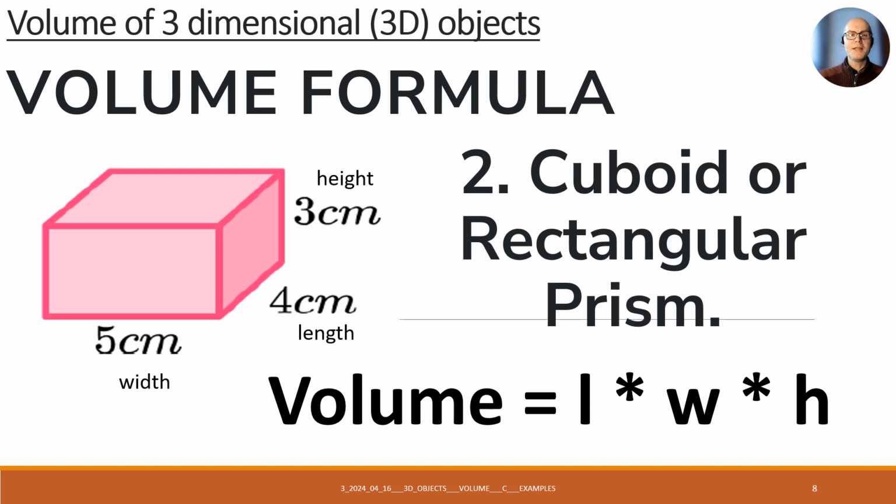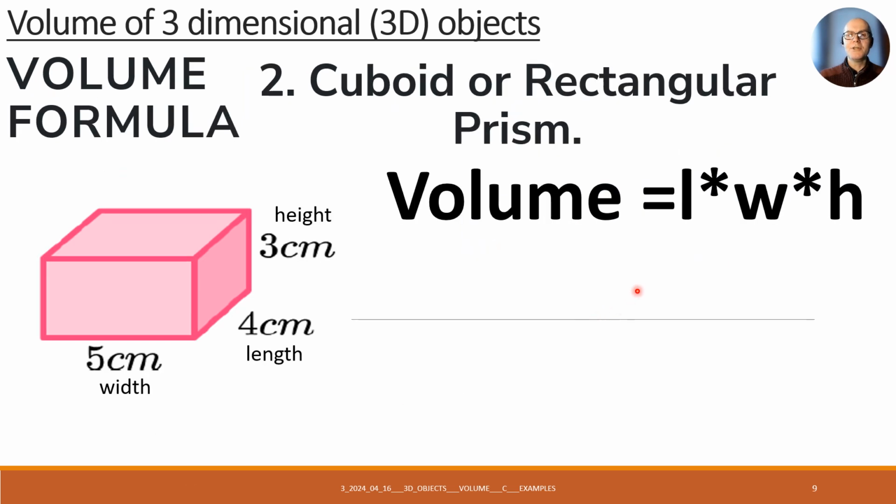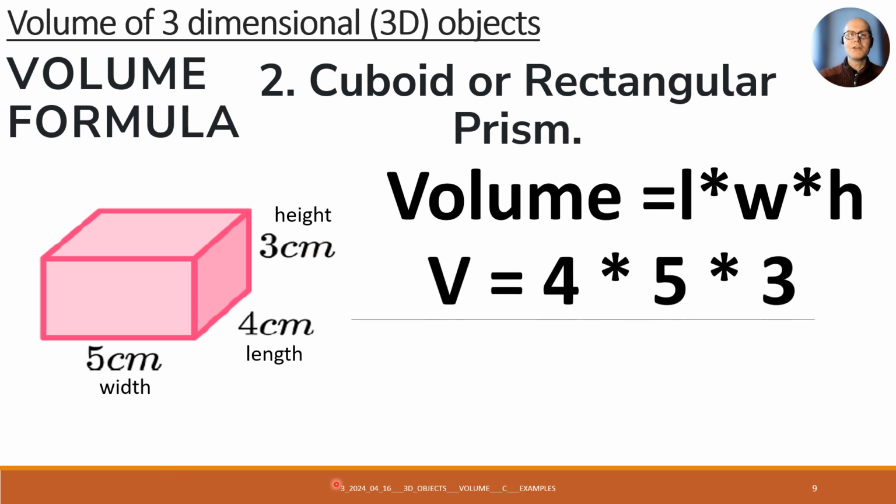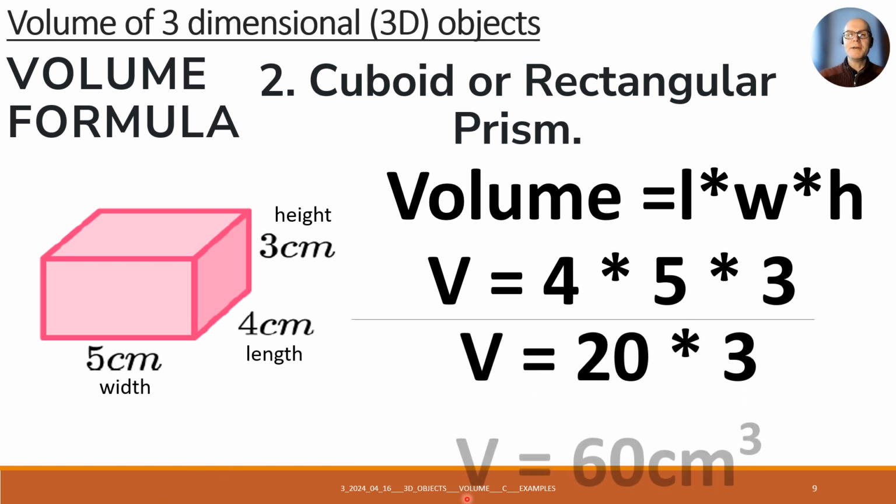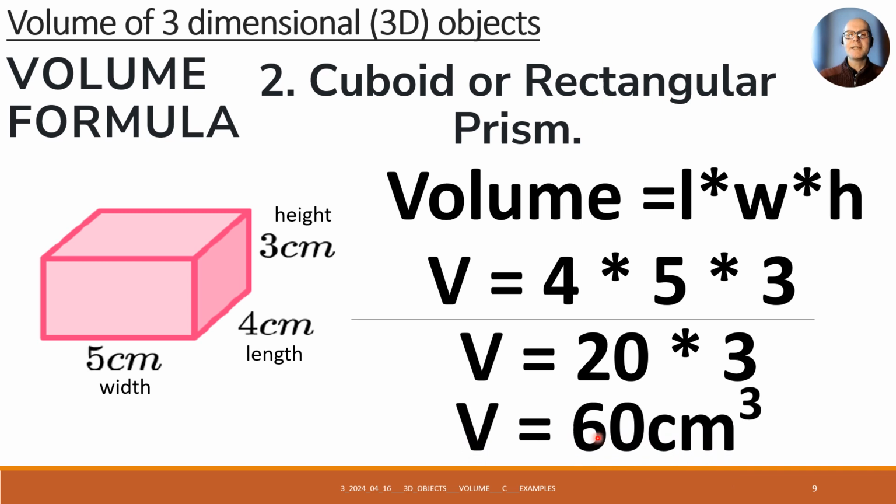Let's put these numbers into this formula. L for length, 4 centimeters. W for width, 5 centimeters. H for height, 3 centimeters. So 4 by 5 by 3. Simplify it to 20 by 3, and the answer is 60 centimeters cubed.